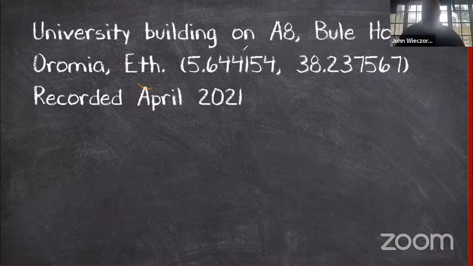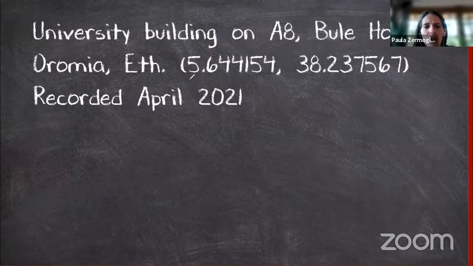Michael suggested that the first number should go to verbatim latitude, the second one should go to verbatim longitude, and that the country code should be ETH. Okay, so we have this and that for verbatim latitude and longitude.